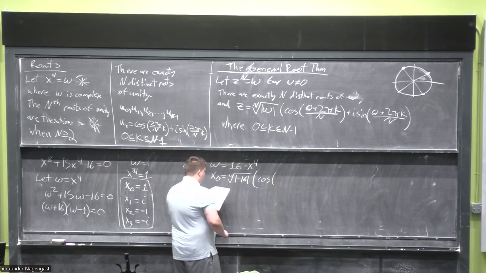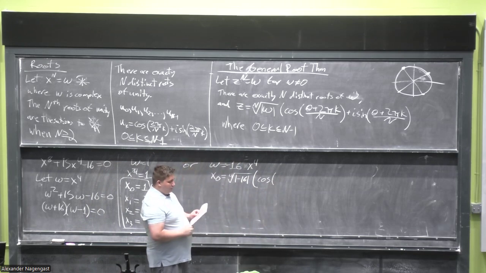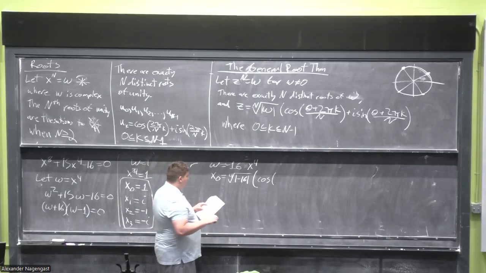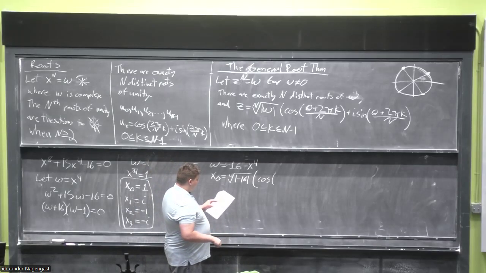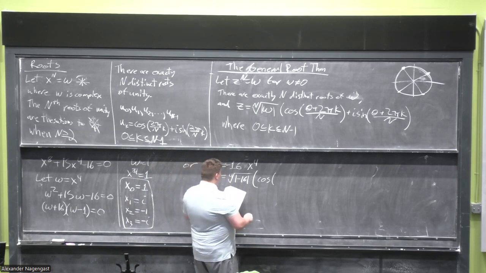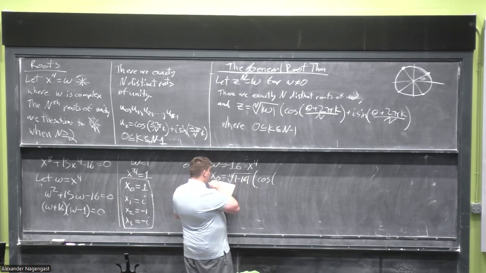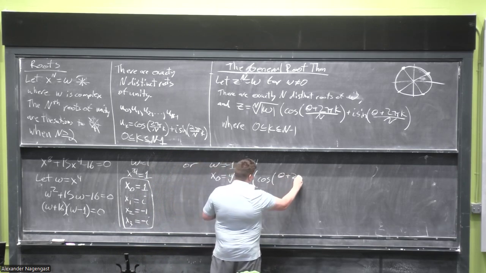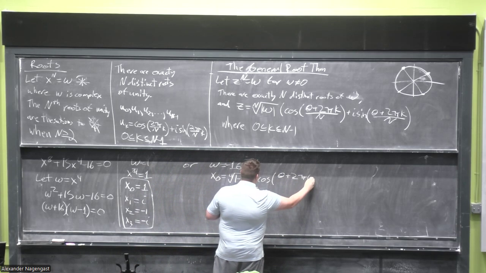And in this case, we're going to just keep the theta equaling 0. Actually, let me see. Theta plus 2 pi times our k, which is 0, all over n.